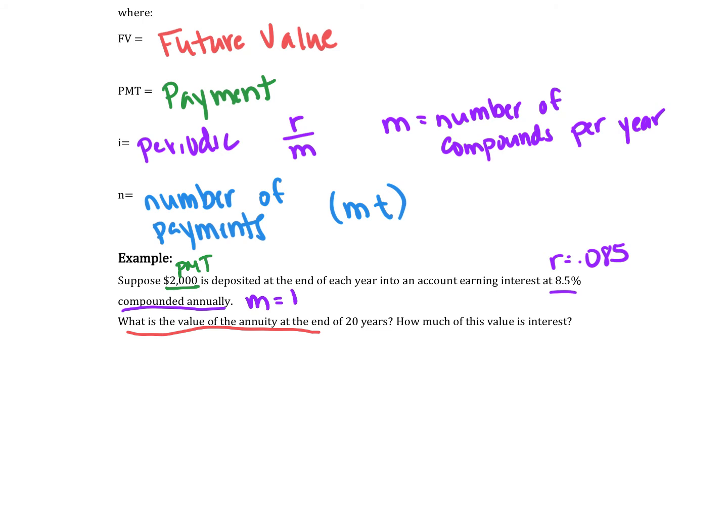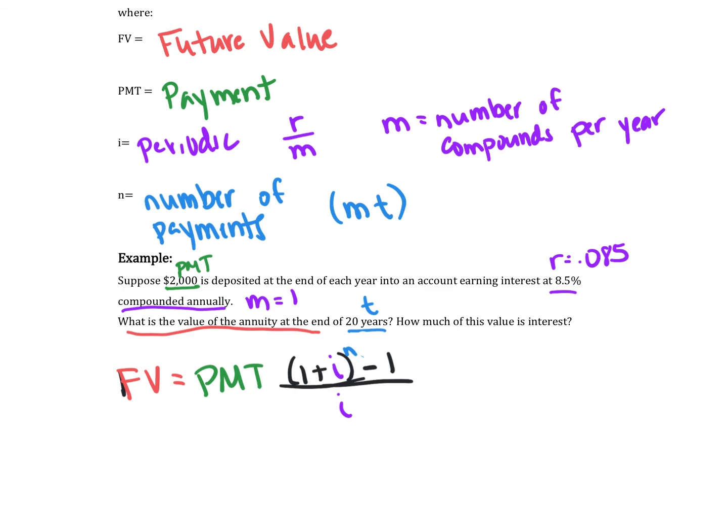And then the final variable we need is the number of years, which is T. So when we calculate this, the formula is: the future value is equal to the payments, PMT, times 1 plus I, raised to the n, minus 1, over just your variable I, the periodic rate.